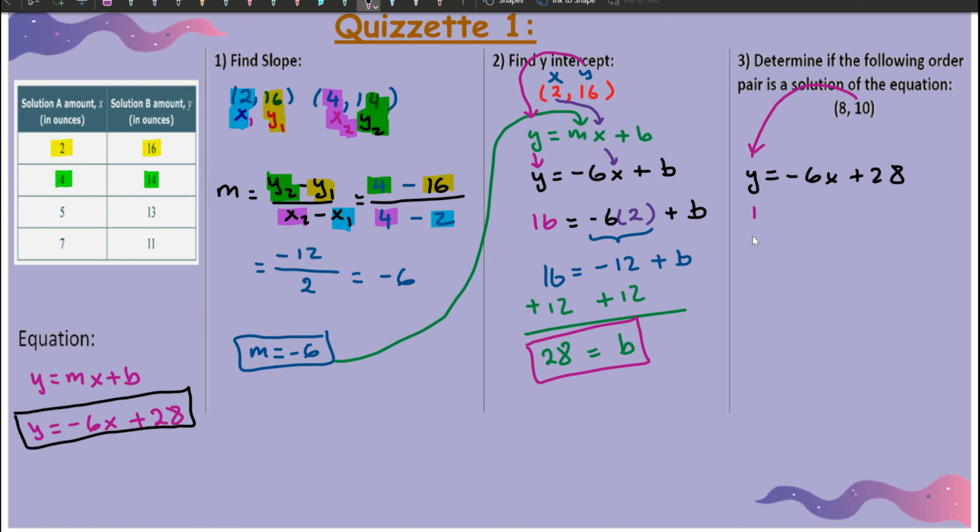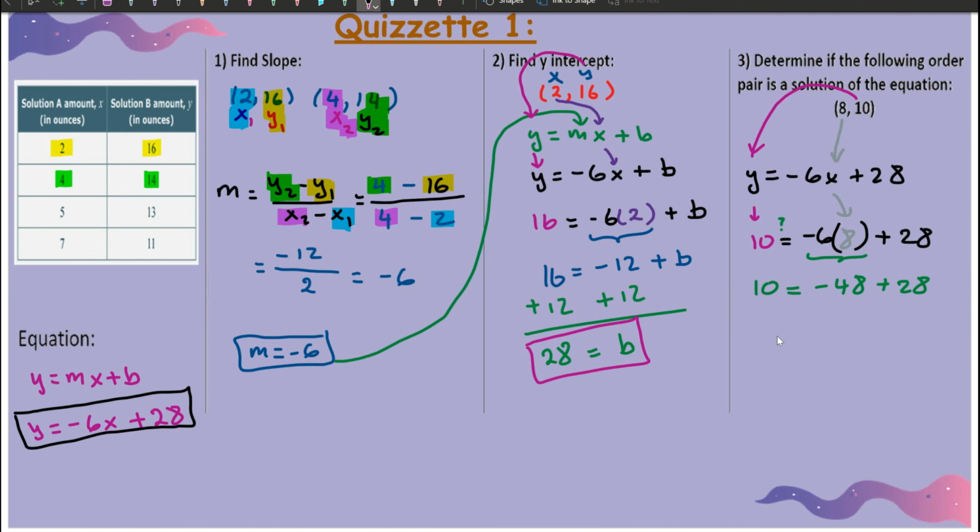Y value is 10. X value is 8. So we have 10 equals negative 6 times 8 plus 28. We're going to see if the statement is true. We need to work it out. Is that equal to each other? Negative 6 times 8 is negative 48, plus 28.